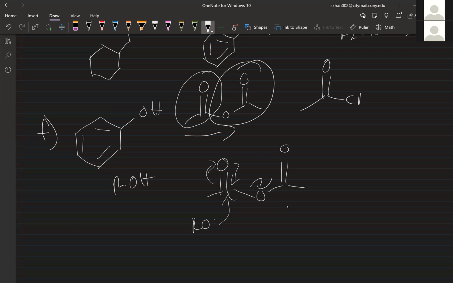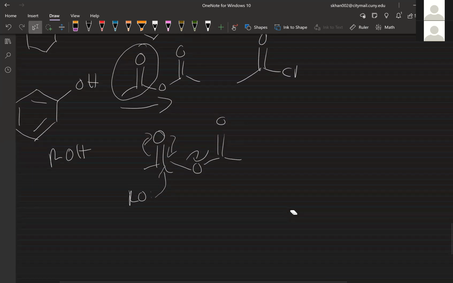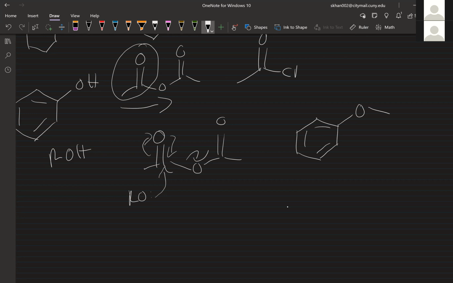The anhydride, right? So your final product here will just be, since someone earlier said to make sure we draw it on the same side, I will do that here. Right, that should be it.